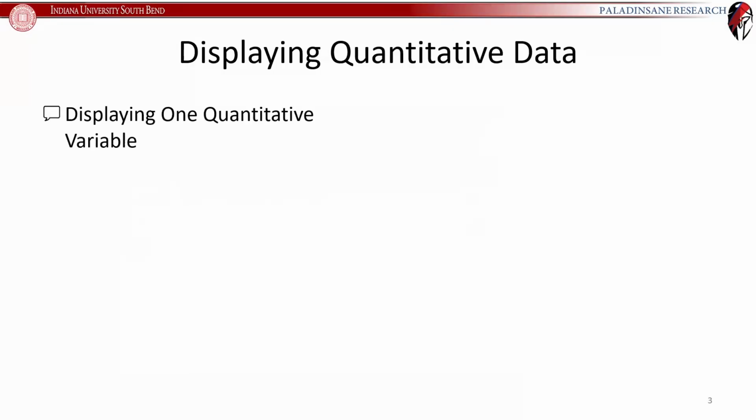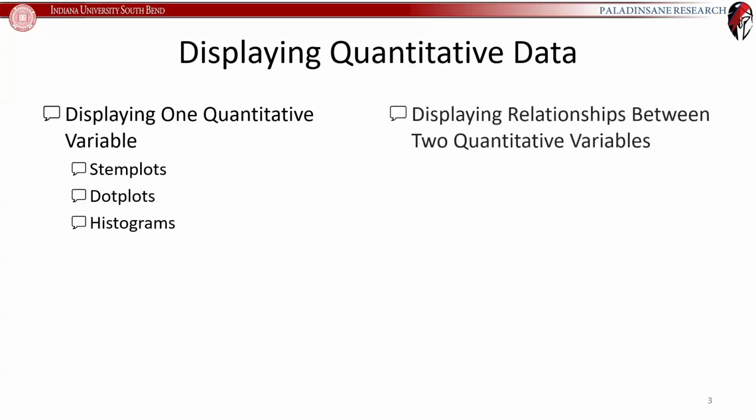So the plan for today is we're going to start with how do you display just one quantitative variable. So if you only have one variable that you're looking at and you want to know more about that, you want to summarize a vast quantity of data, but just on one variable, we're going to see how you can use stem plots, dot plots, and then histograms. And then we're going to double down on that and take a look at displaying relationships between two quantitative variables.